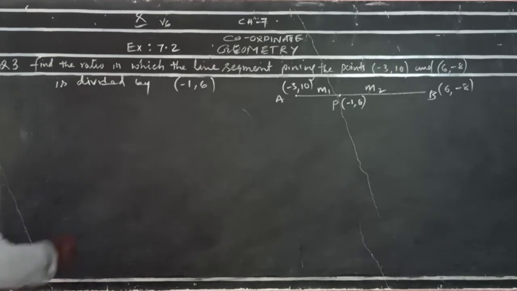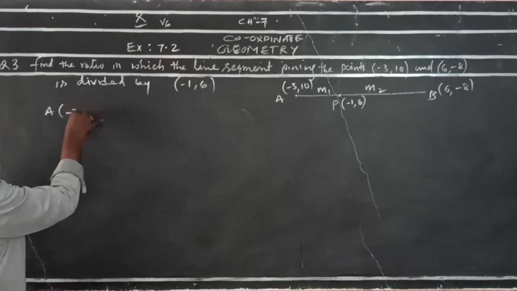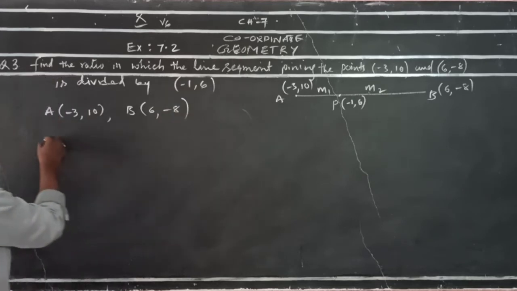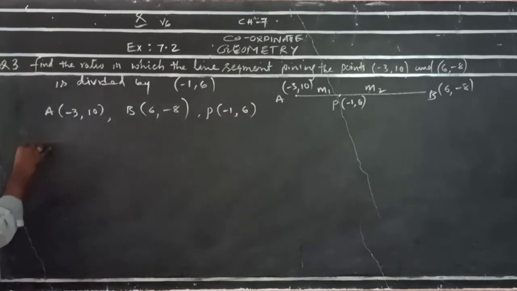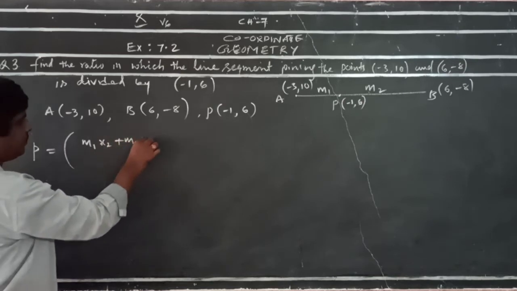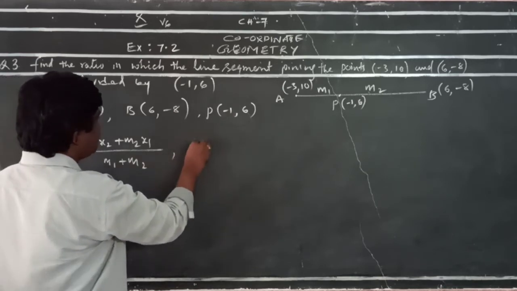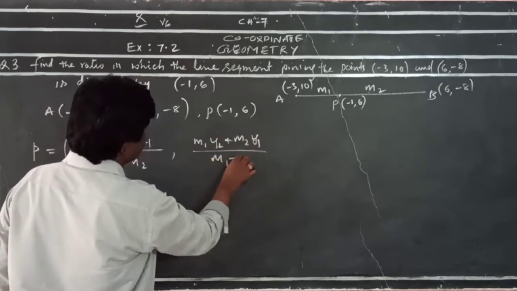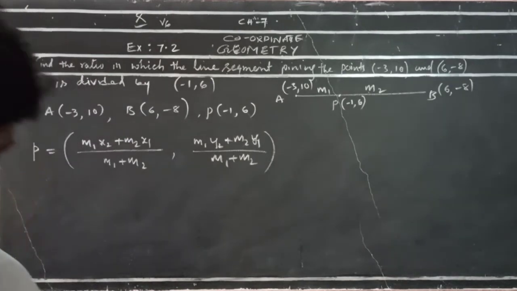So we know it. What is the point here? A is (-3, 10), B is (6, -8), and the point P is (-1, 6). We know the section formula. P is nothing but ((m1 x2 + m2 x1)/(m1 + m2), (m1 y2 + m2 y1)/(m1 + m2)). So this is the section formula we already discussed.